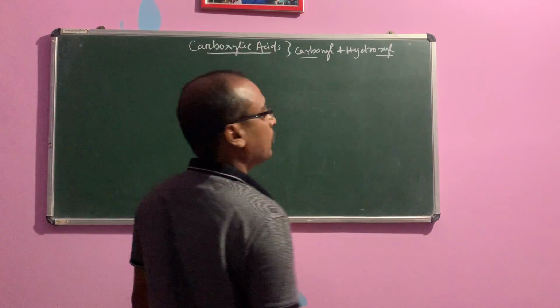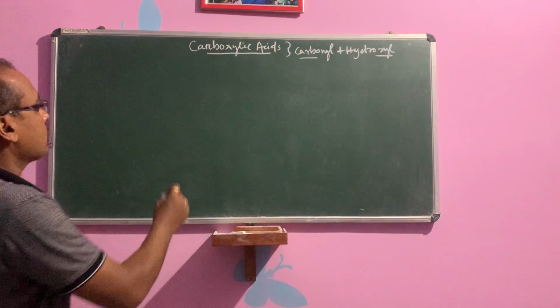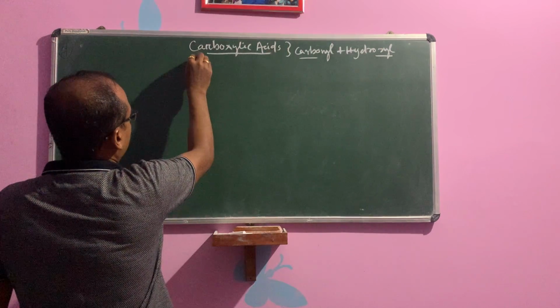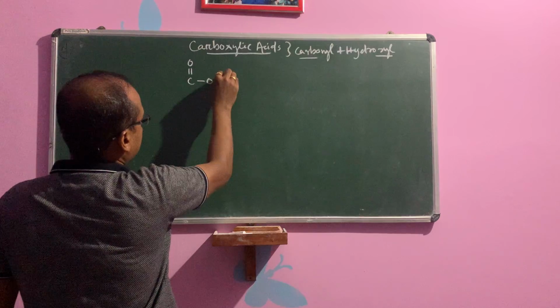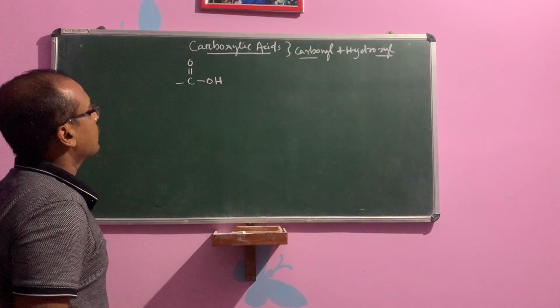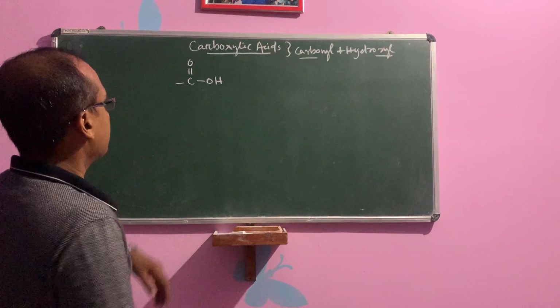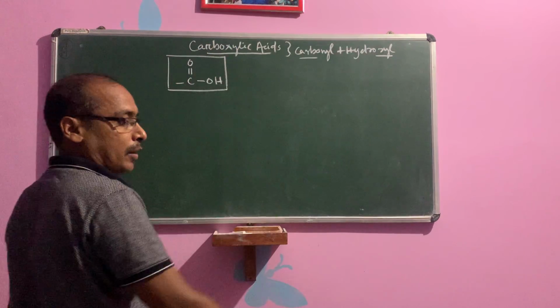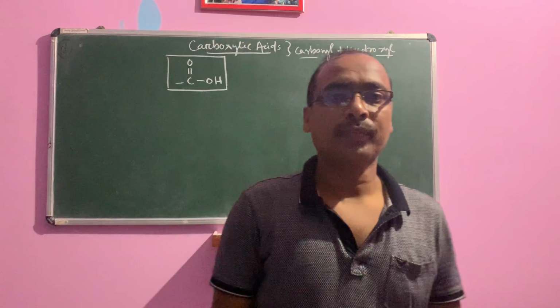Carboxyl. So you know, children, the functional group of carboxylic acid is C double bond O OH. This is the functional group of carboxylic acid, and its secondary suffix is oic acid.